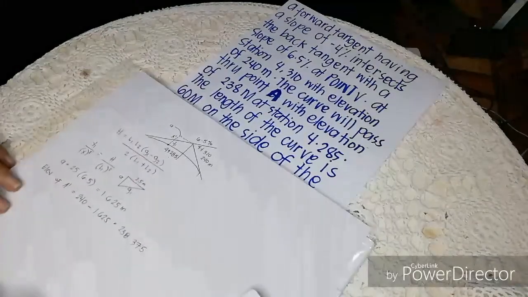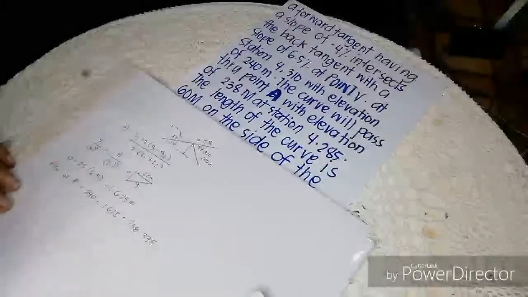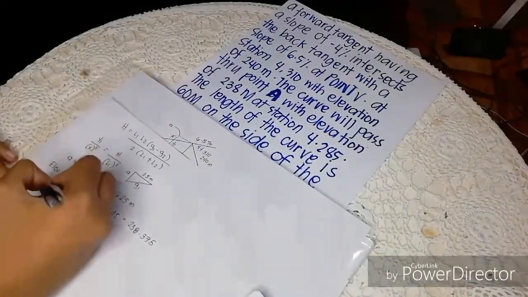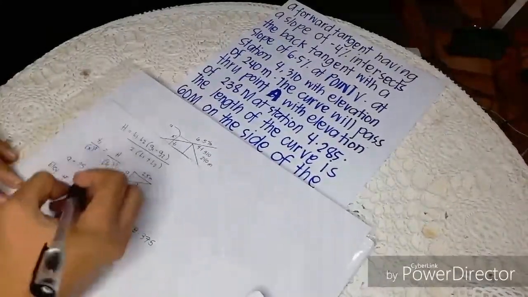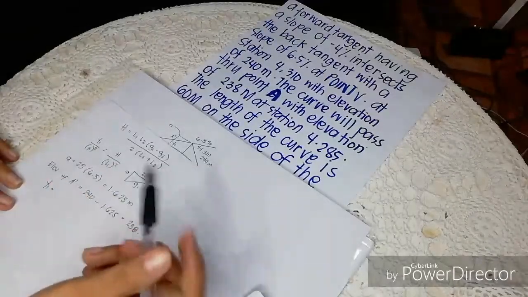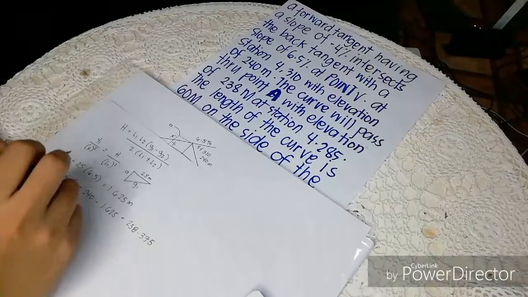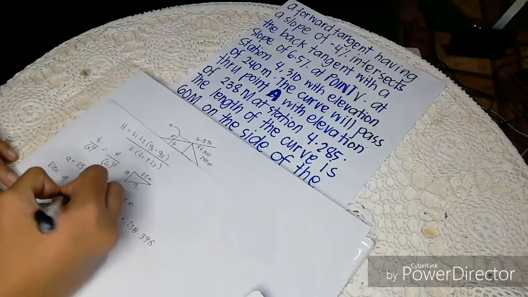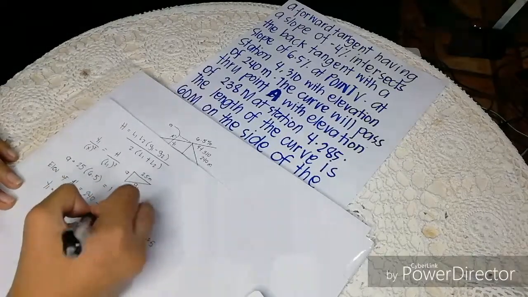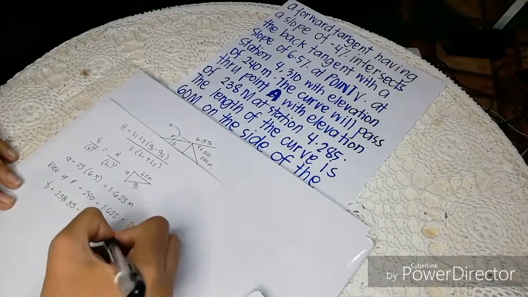So, dito, sa Y1, pwede natin siya makuha kasi may elevation of A prime naman tayo at may elevation of A naman tayo. Elevation of A prime, 238.375 minus 238 is equals to 0.375 meters.